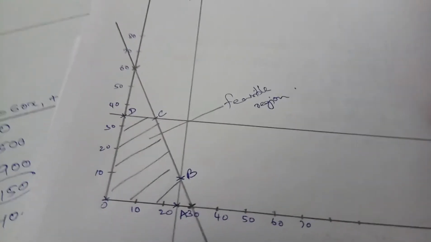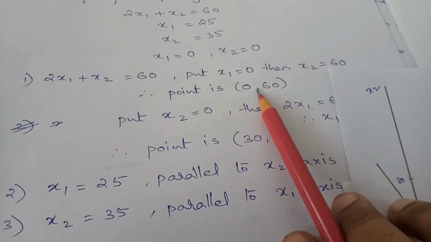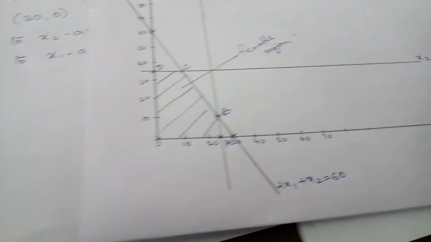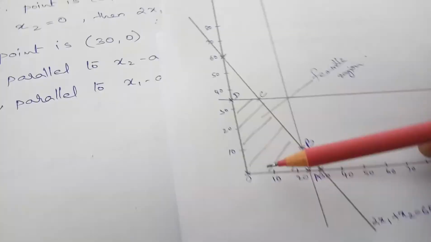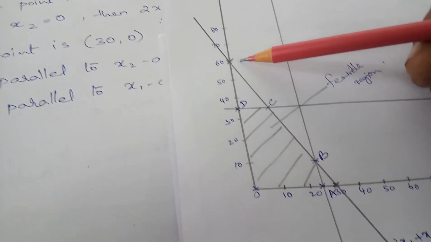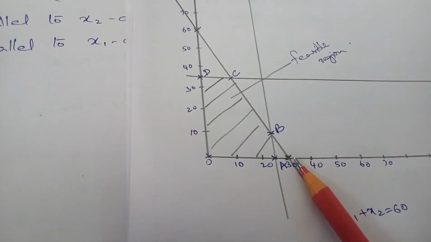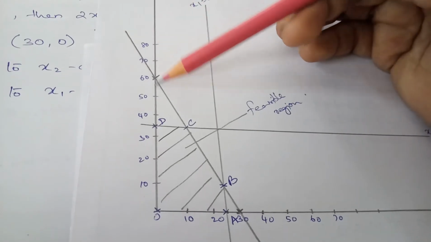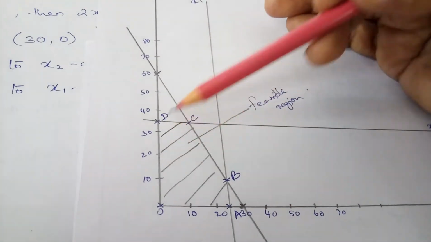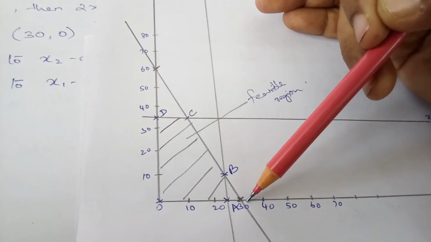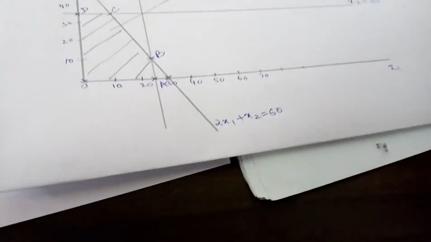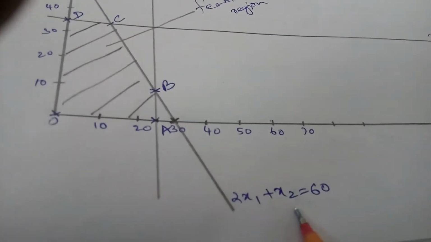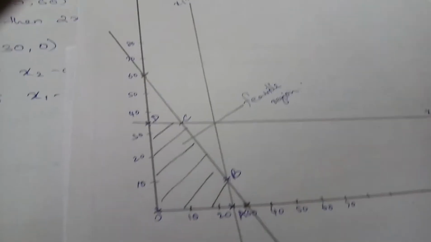Here the first coordinate is 0, 60, so I am marking 0, 60. This is 30, 0. Mark it and draw a straight line passing through 0, 60 and 30, 0. Then write 2x1 plus x2 is equal to 60.